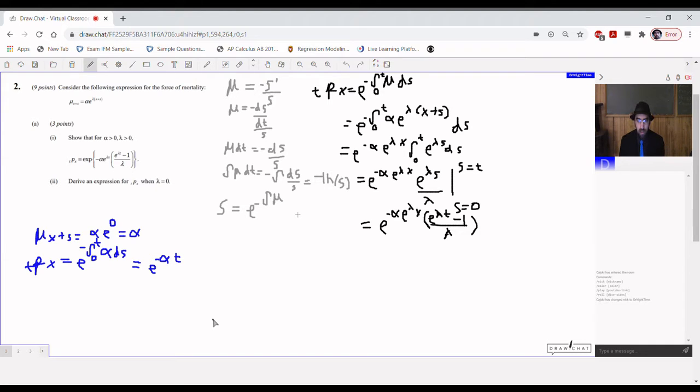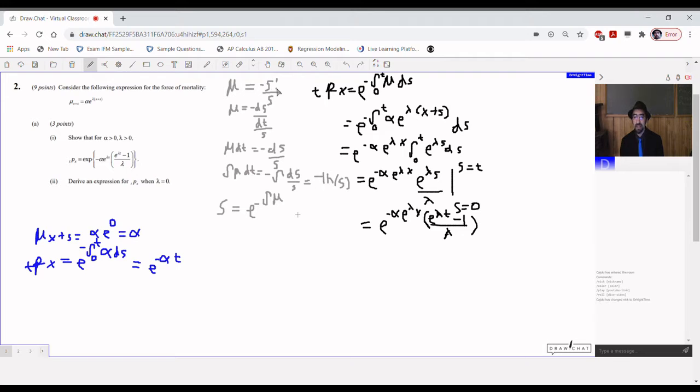So we'll start with hopefully this familiar formula that the probability that x survives t more years equals e to the negative antiderivative from 0 to t of mu, the force of mortality. If you don't know where that comes from, that's briefly outlined here in gray.